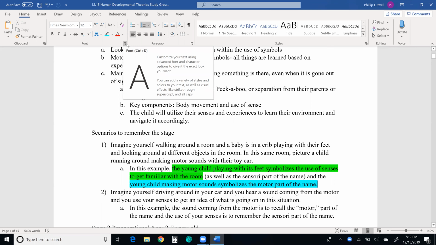The second example, more of an adult example: imagine yourself driving around in your car and you hear a sound coming from the motor, and you use your senses to get an idea of what is going on in the situation. You hear stuff going on, you turn the radio all the way down and say, all right, what's going on? Even if you're not mechanically inclined, you are trying to self-diagnose that car because you want to understand what's going on.